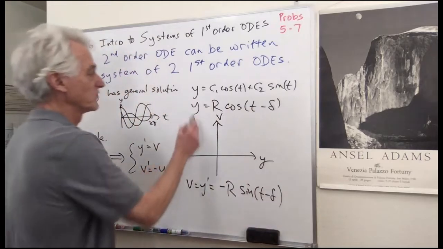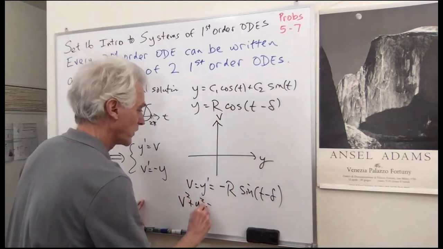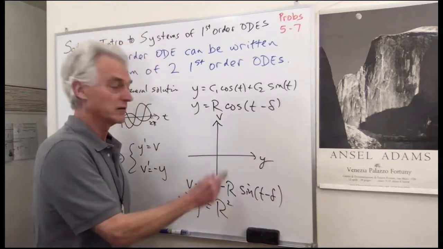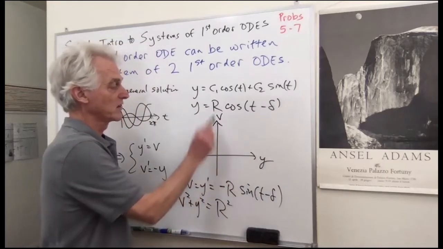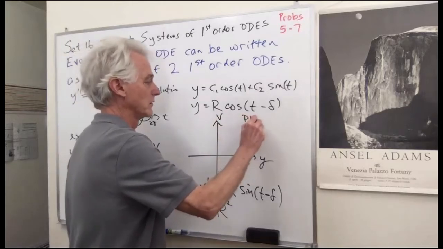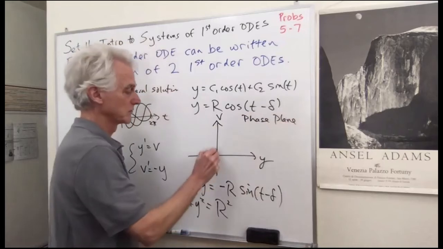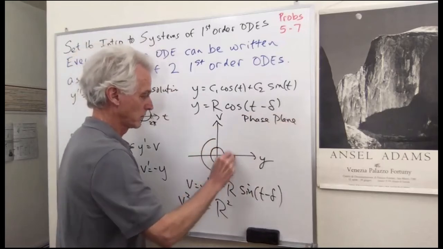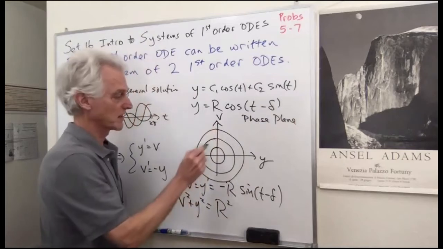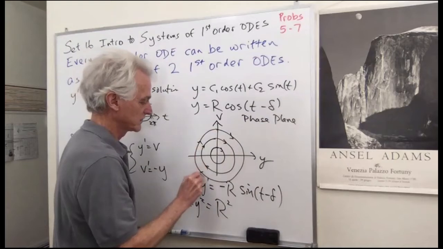So in the yv plane, I get v squared plus y squared is r squared, using a trig identity. So the solutions in the yv plane, which is often called the phase plane, are going to be circles. They don't cross themselves. And they go around clockwise.